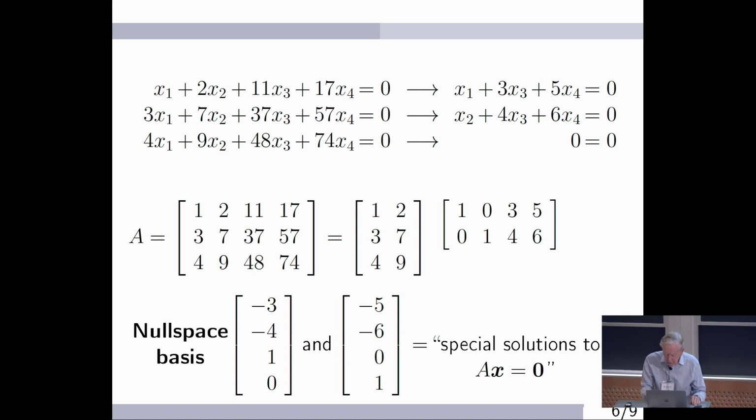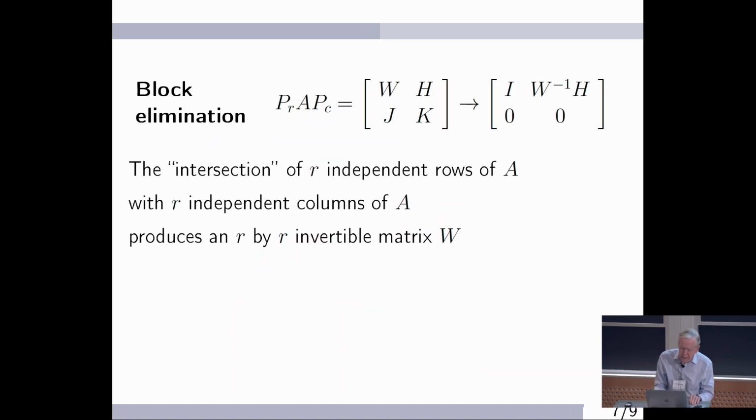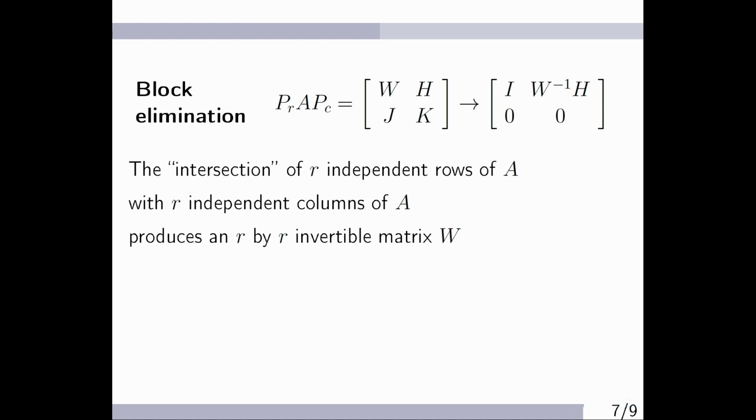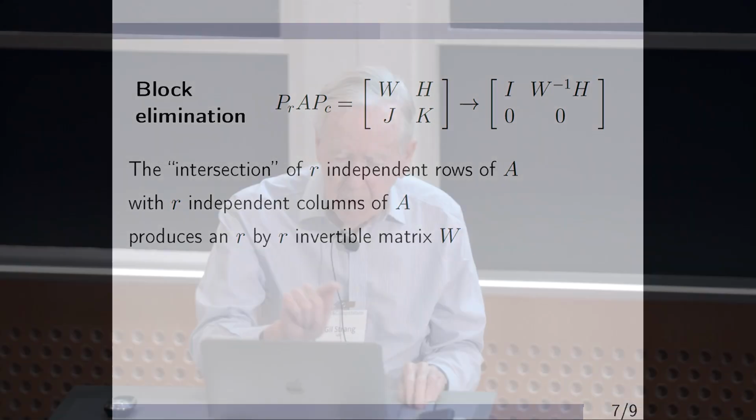Okay, a little bit more about this. Now I'm looking at the block matrix, and that makes it even easier to see what's going on. So we have the matrix A, and we would like an r by r invertible matrix up in the top left corner.